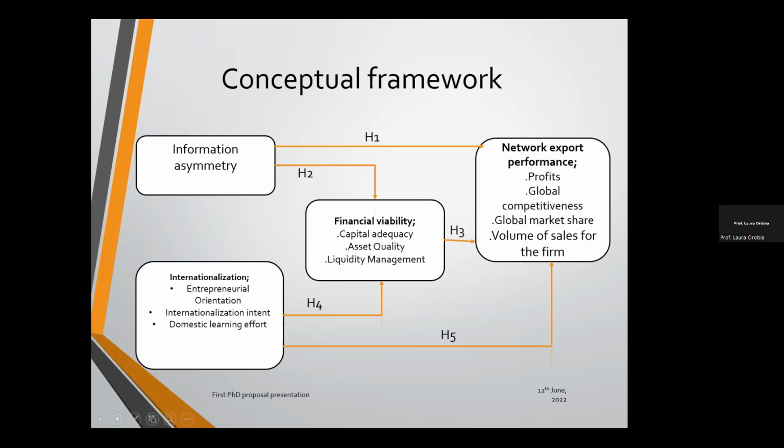A theory that explains the relationship between information asymmetry and network export performance. We expect to see that theory. A theory that explains the relationship between internationalization and network export performance. A theory that explains financial viability and network export performance. Think about that.